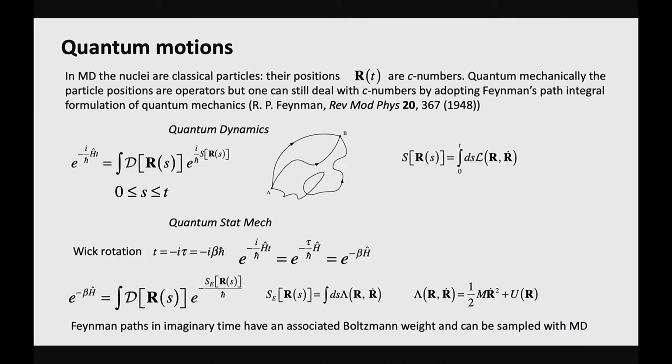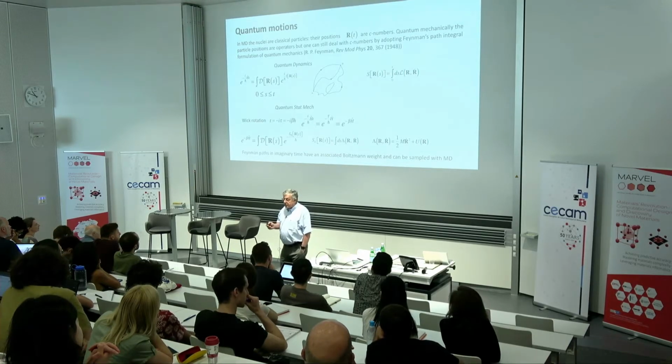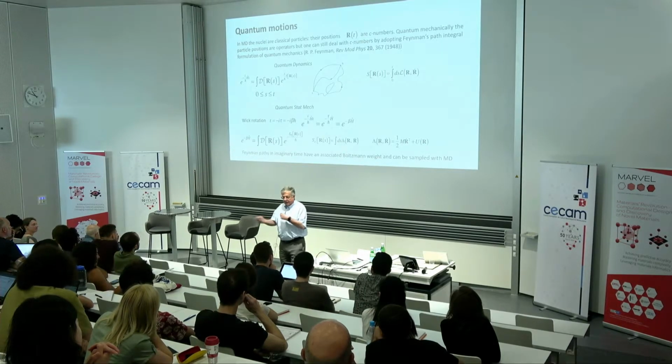Now, the reason for that is that in the classical world that I've described so far, the position of the nuclei are C numbers. So they are classical variables. They commute, and they are very easy to deal with. But in quantum mechanics, if we want to describe these nuclear coordinates, they are operators, and they are operators that do not commute if taken at different time, because they do not commute with the Hamiltonian.